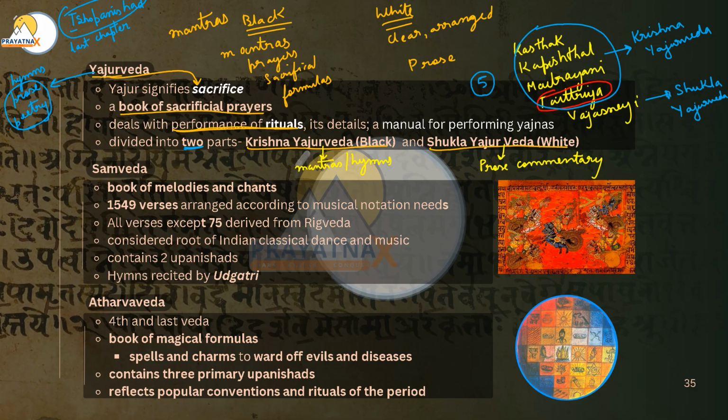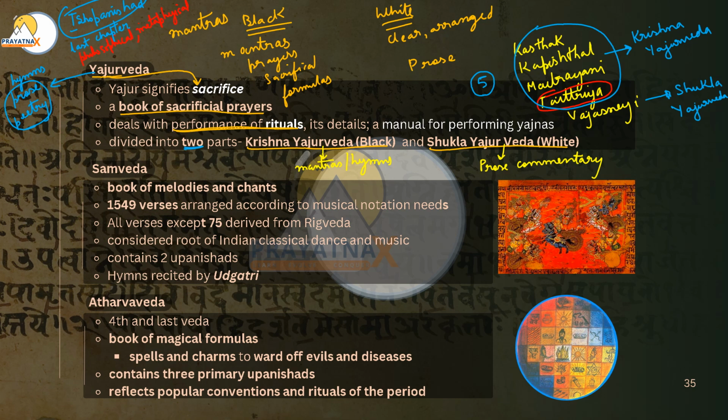Lastly, the Ishopanishad, which is the last chapter of Yajurveda, contains discussion about the philosophical and metaphysical, which is very different from all the other Yajurvedas, as all the other Yajurvedas except Ishopanishad talk about laws and legislations of performing various yajanas.